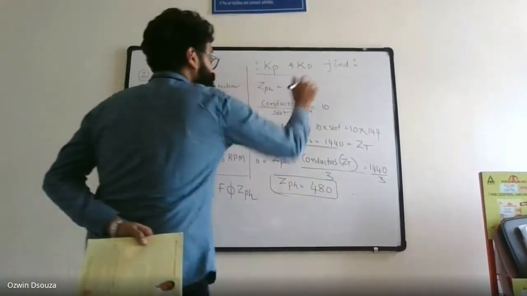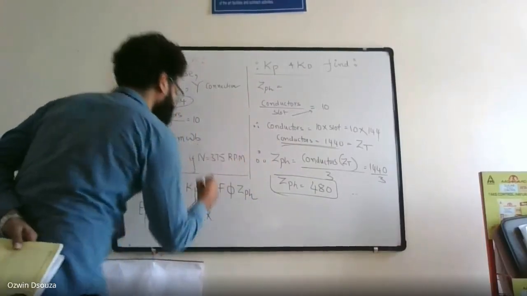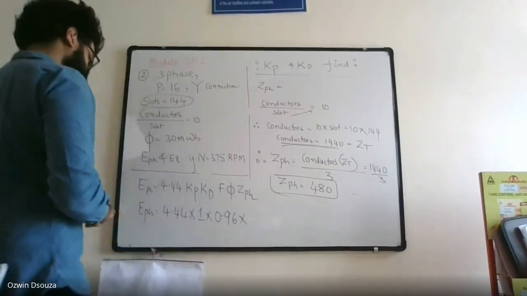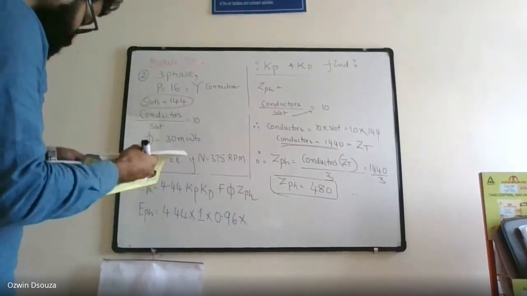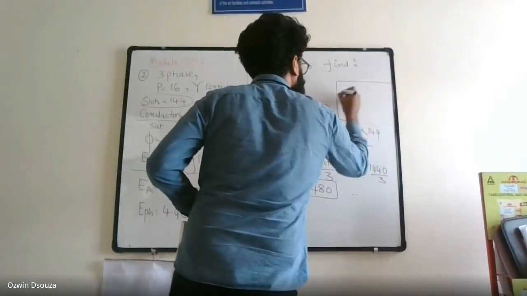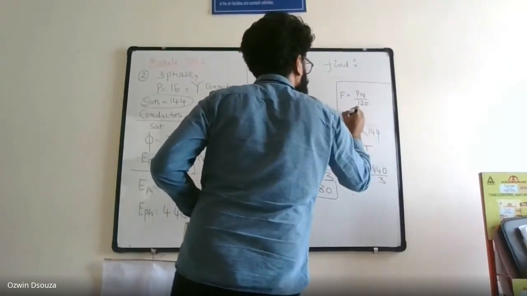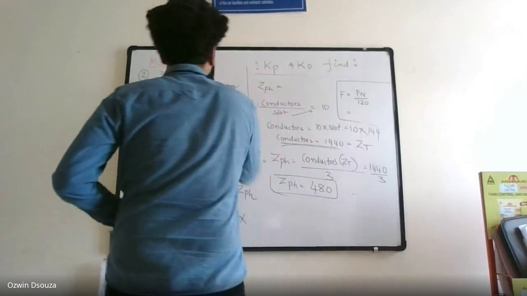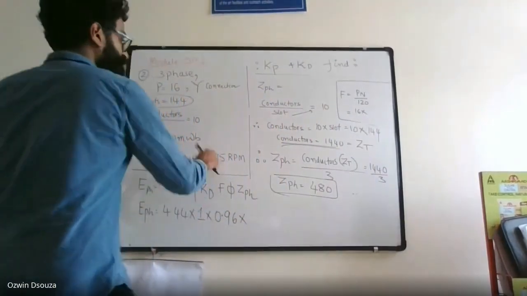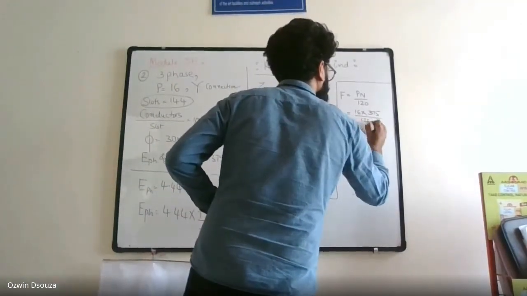We have assumed it as 1, into Kd 0.96 into f. Do we know frequency? Frequency we don't know, so you can determine the frequency as well. f is equal to Pn by 120. So number of poles 16 into speed 375 divided by 120.